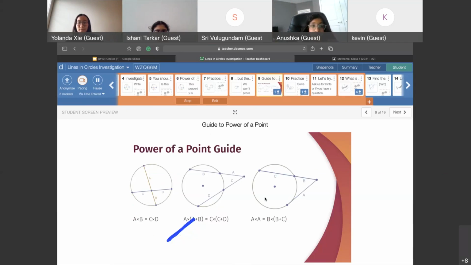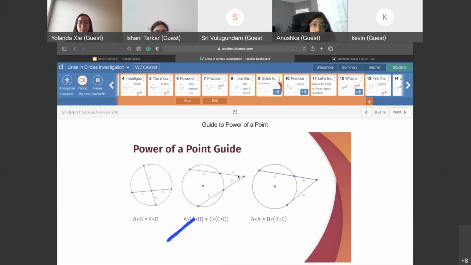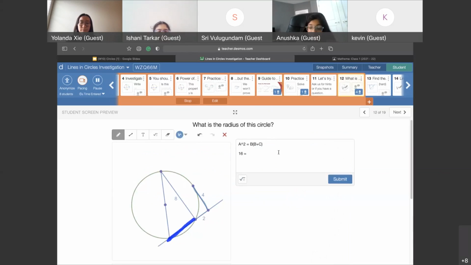All right. So then a would be that tangent segment. Here a would be 4 because that's the line that's tangent. So that'd be 4 squared, or 16, equals b times b plus c. b would be this segment right here that's outside of the circle, which would be 2.